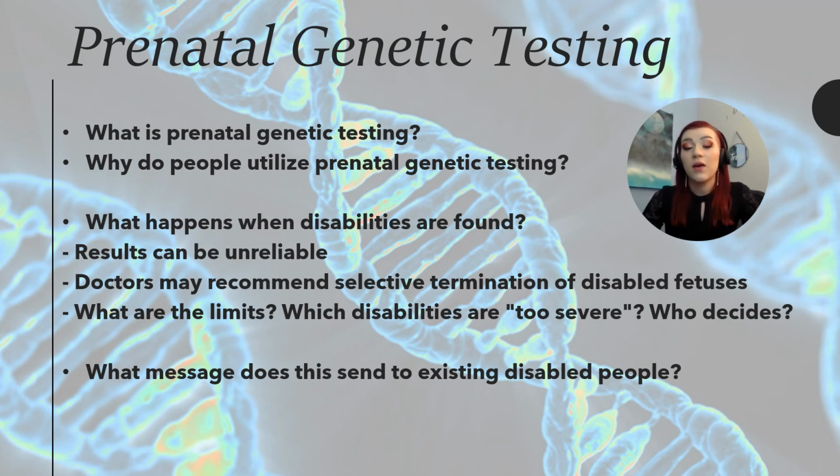But at the same time, we have to consider the context of the pregnant individuals, the families and the culture that they are a part of, their personal situations, and the quality of life of the potential baby that fetus could become. And the reality that we don't have very good social support for disabled individuals, disabled children in our society. So this is a really complicated topic. There's a lot of gray area and a lot of emotion wrapped up in this. And I think it's a really fascinating look into how there can be a lot of dilemmas around different kinds of medical technologies.